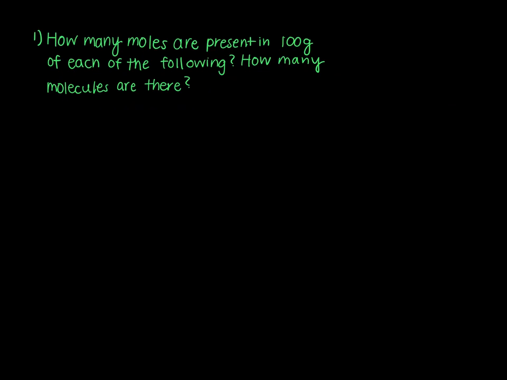So for part A, we are given H2O, or water, and what we first want to do is find the molar mass. Because if you remember back to your lectures, the molar mass, the units for these, is grams per mole.